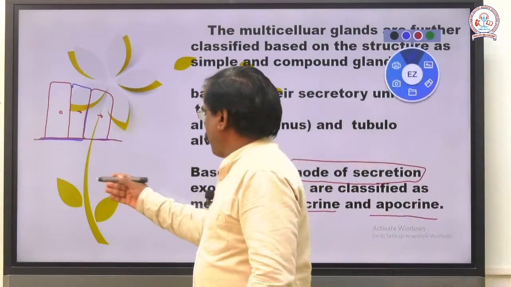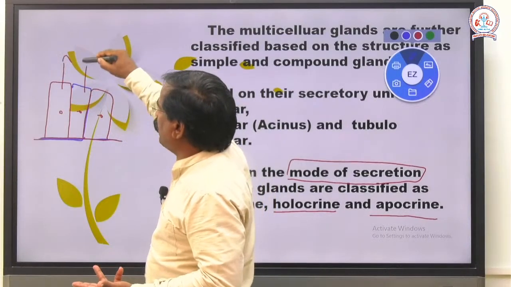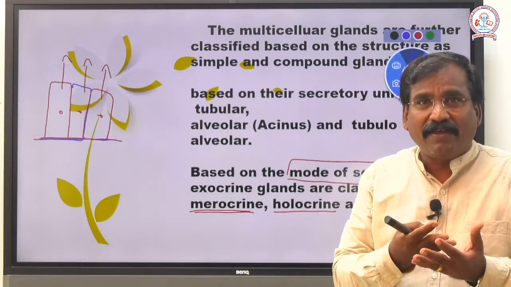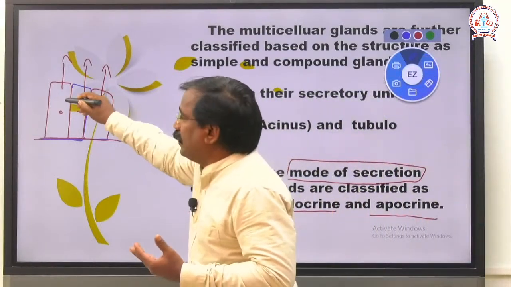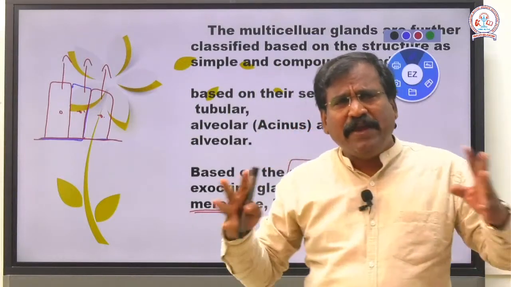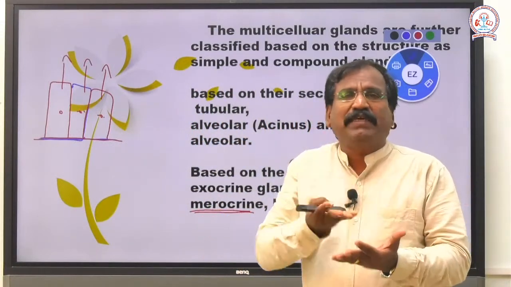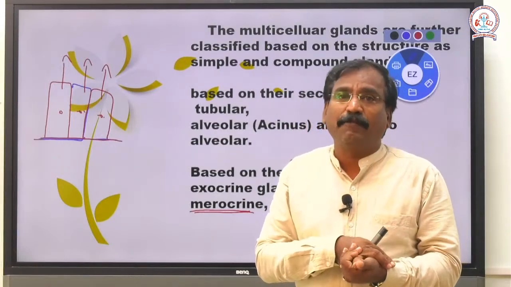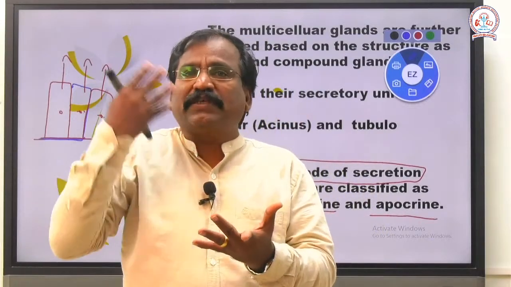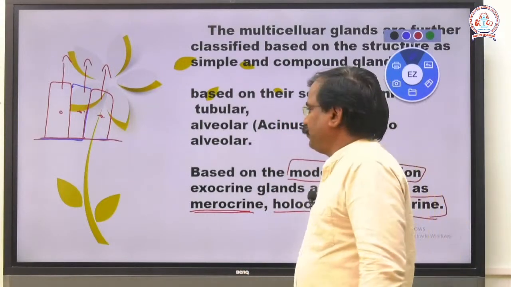In merocrine, the secretory units simply secrete some substance. For example, in the salivary gland, the cells produce the secretion without any damage to the secretory cell. That is merocrine.